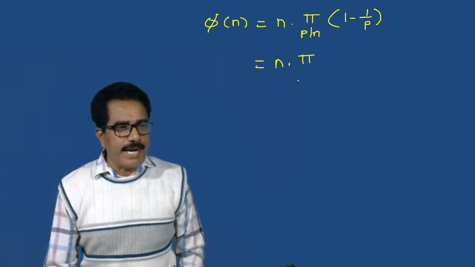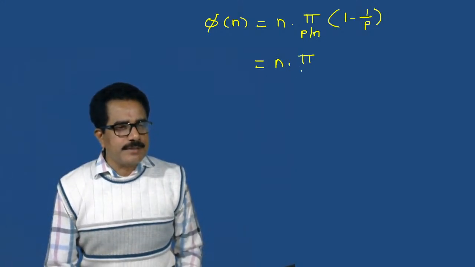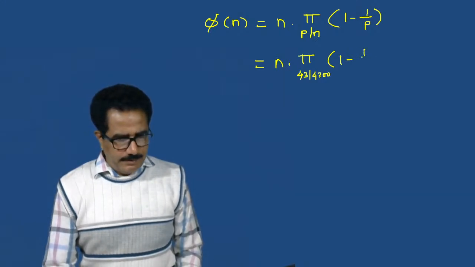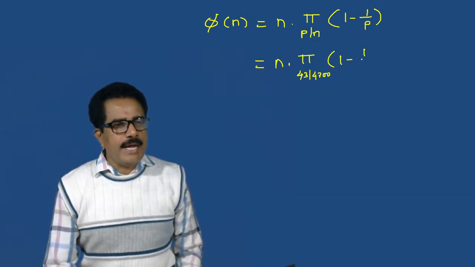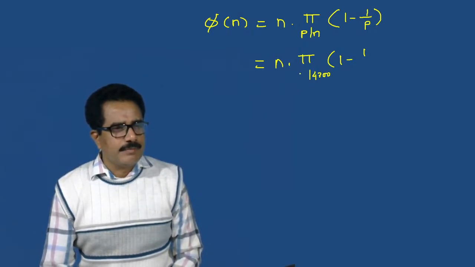So we have to write product p1 means 43 divides 4300, 1 minus 1 upon p, so we can write this short मध्ये लिहूयात.